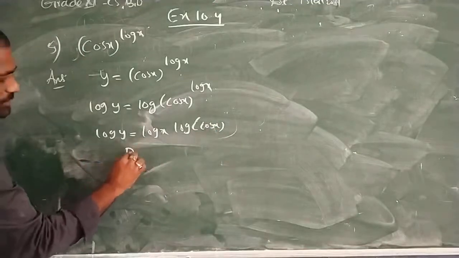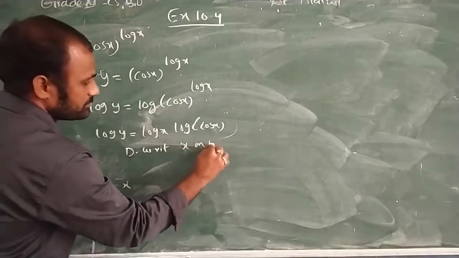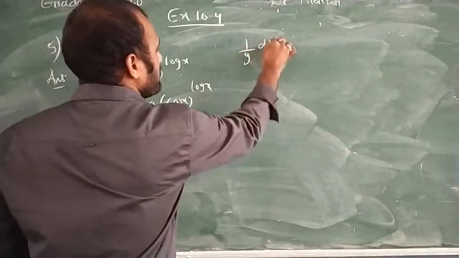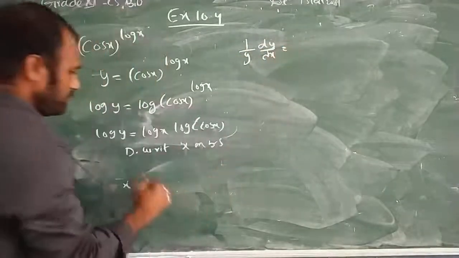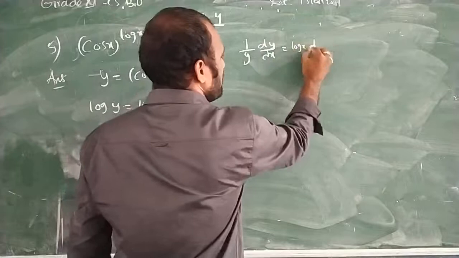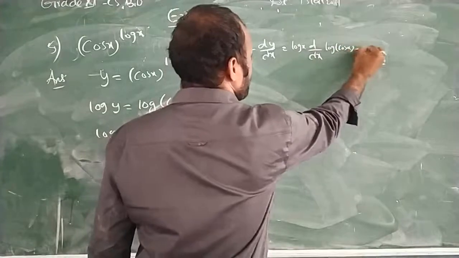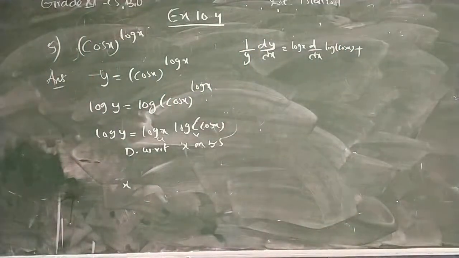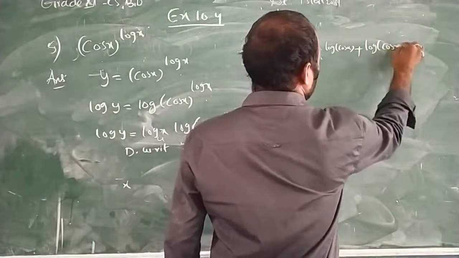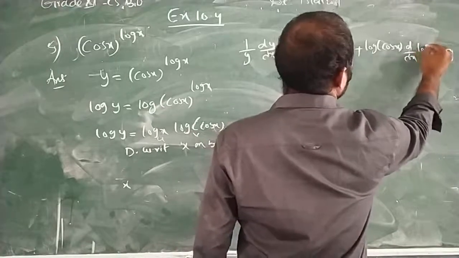Let us apply differentiation with respect to x on both sides. So 1 by y dy by dx equals, it is in the format of uv. First function as it is, log x, into derivative of log cos x, plus second function log of cos x as it is, into derivative of log x.